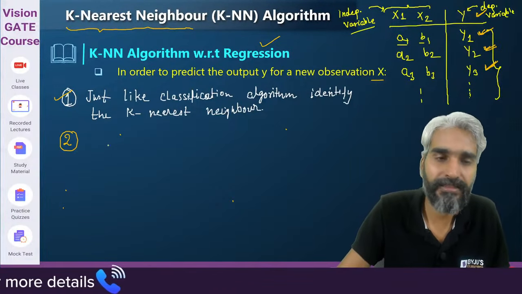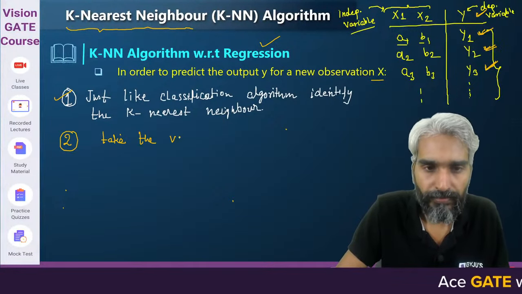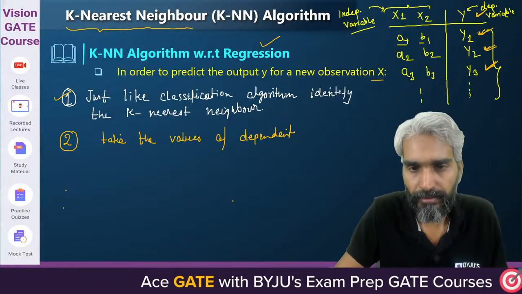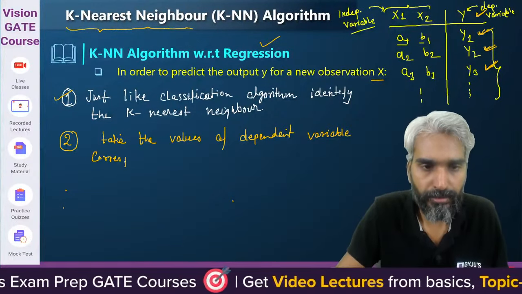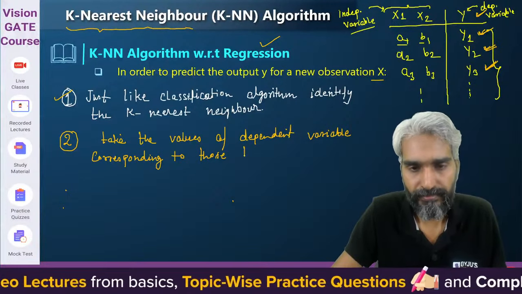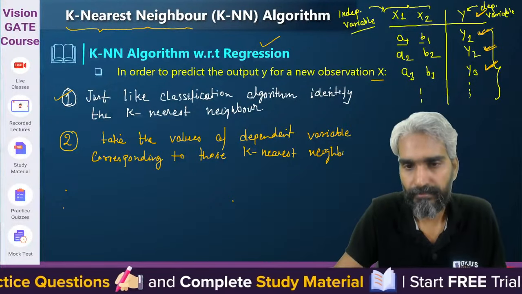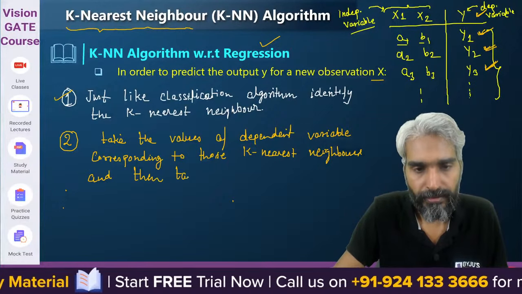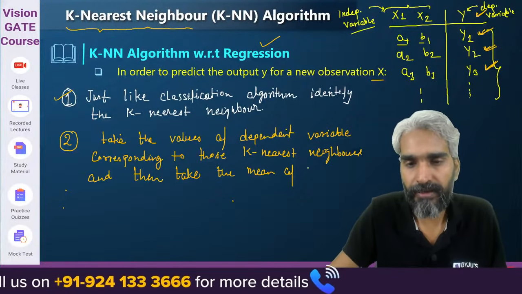So, k nearest neighbor: take the values of the dependent variable corresponding to those k nearest neighbors, and then take the mean of those k values.